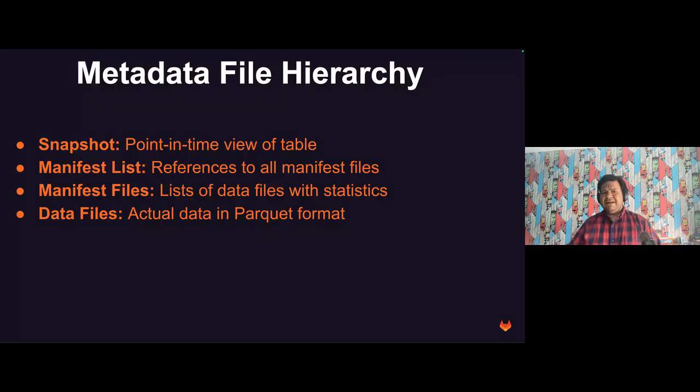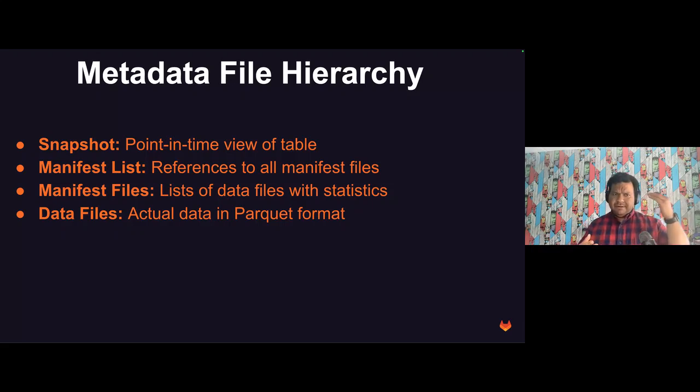Now we have to go into the metadata file hierarchy to understand. Snapshot: a point-in-time view of the table. This layered architecture enables Iceberg's powerful features. Manifest list: a reference to all the manifest files. Manifest files: lists of data files with statistics. And data files: the actual data in the bucket.